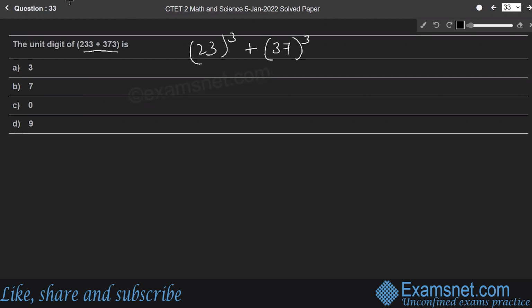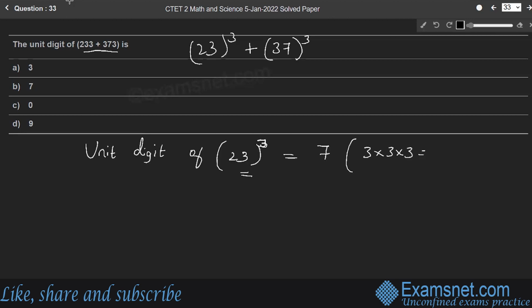So the unit digit of 23 cube: the cube of a number that ends with 3 always ends with 7, because 3 into 3 into 3 is equal to 27. So the cube of a number which ends with 3 always ends with 7, right?